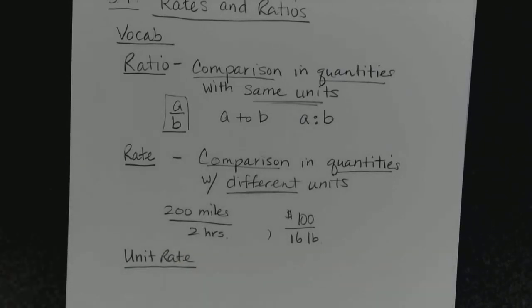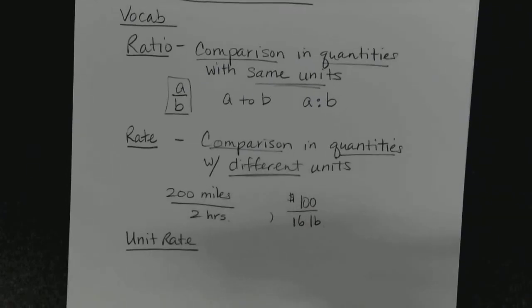A more specific rate. Yeah, more specific. But what does it mean by unit rate though? It's like how many there is. Okay, give me an example. If this is a rate, 200 miles for every 2 hours, what will be a unit rate?